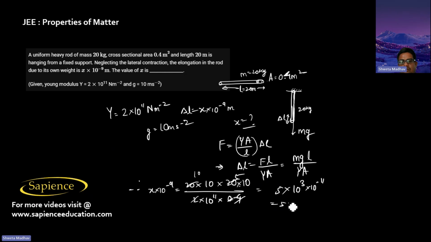So this will be 5 into 10 power minus 8, or I can say 50 into 10 power minus 9. So it means therefore the value of x will be 50. So 50 is the answer.